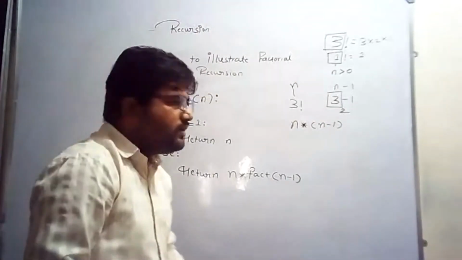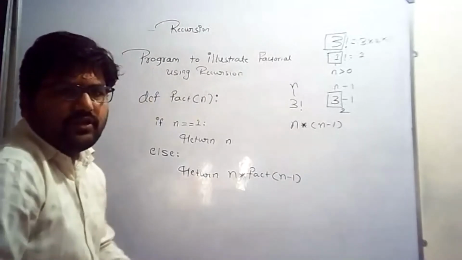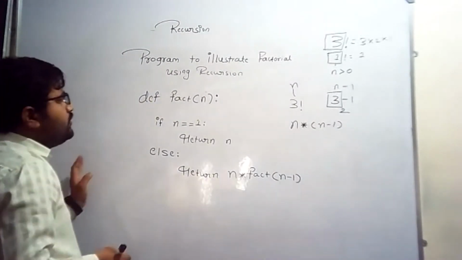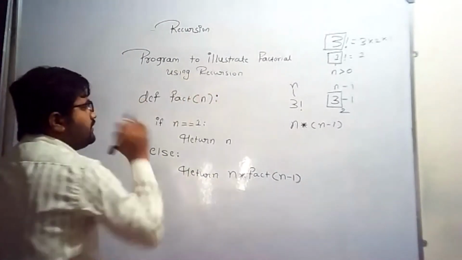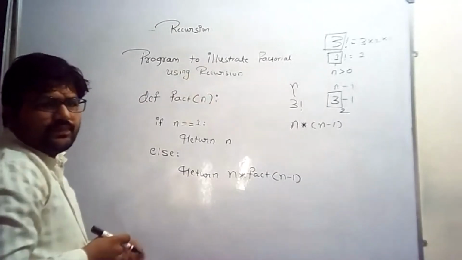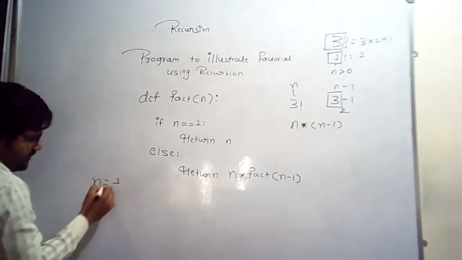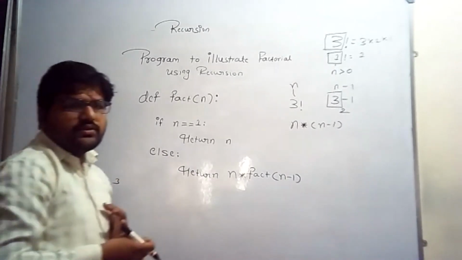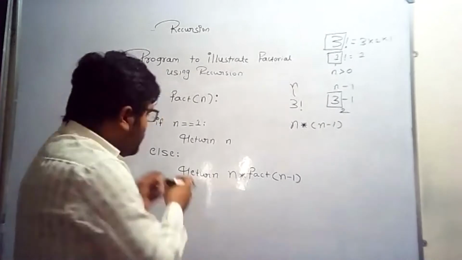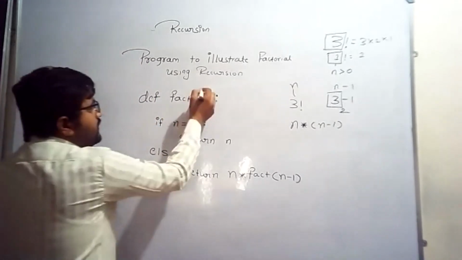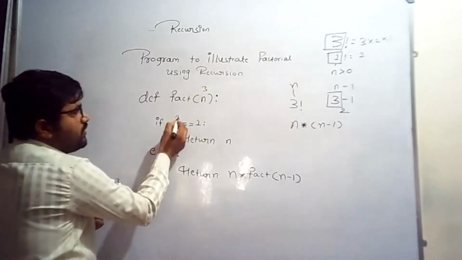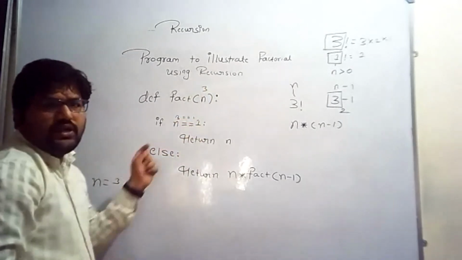Let us take the tracing of this function. I will execute this one. I pass 3 once again. So here n is 3. Is n equal to 1, is 3 equal to 1?